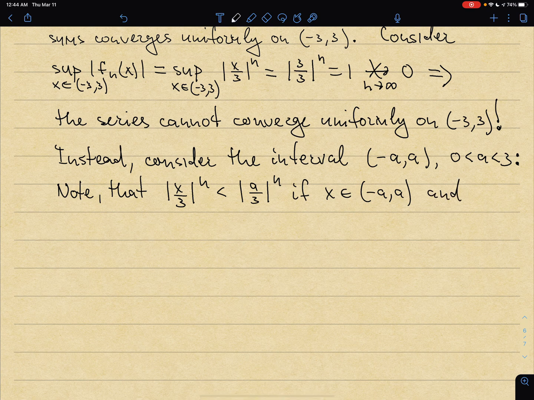And the sum from 0 to infinity of (a over 3) to the power n, this converges. In fact, I don't really need the absolute value here. A is a positive number anyhow, so I can replace this just by (a over 3) to the power n.